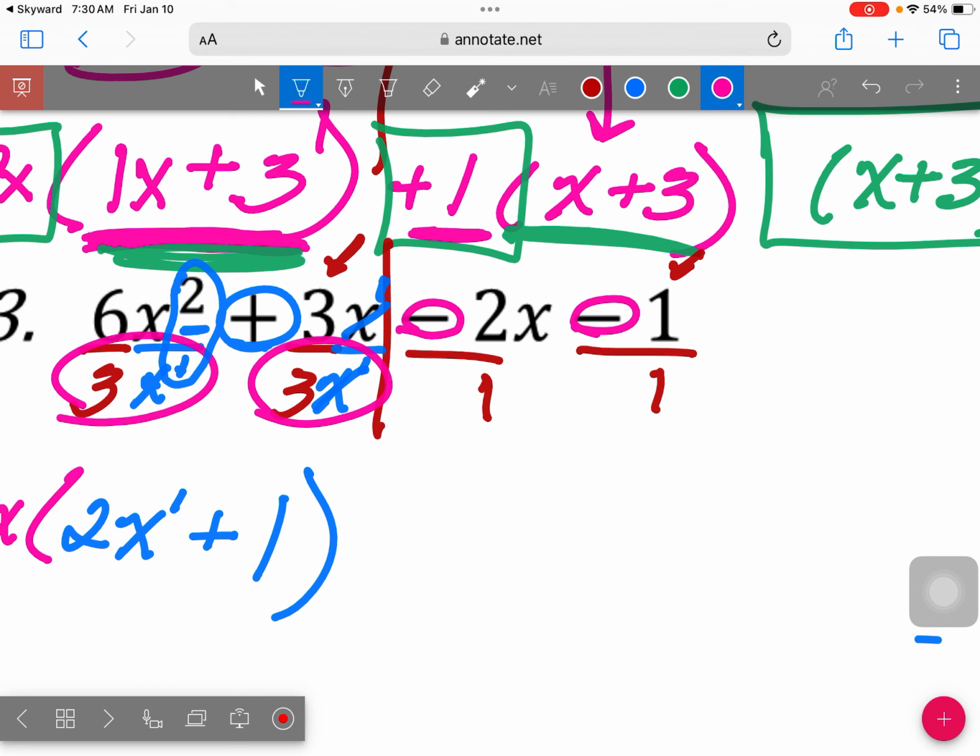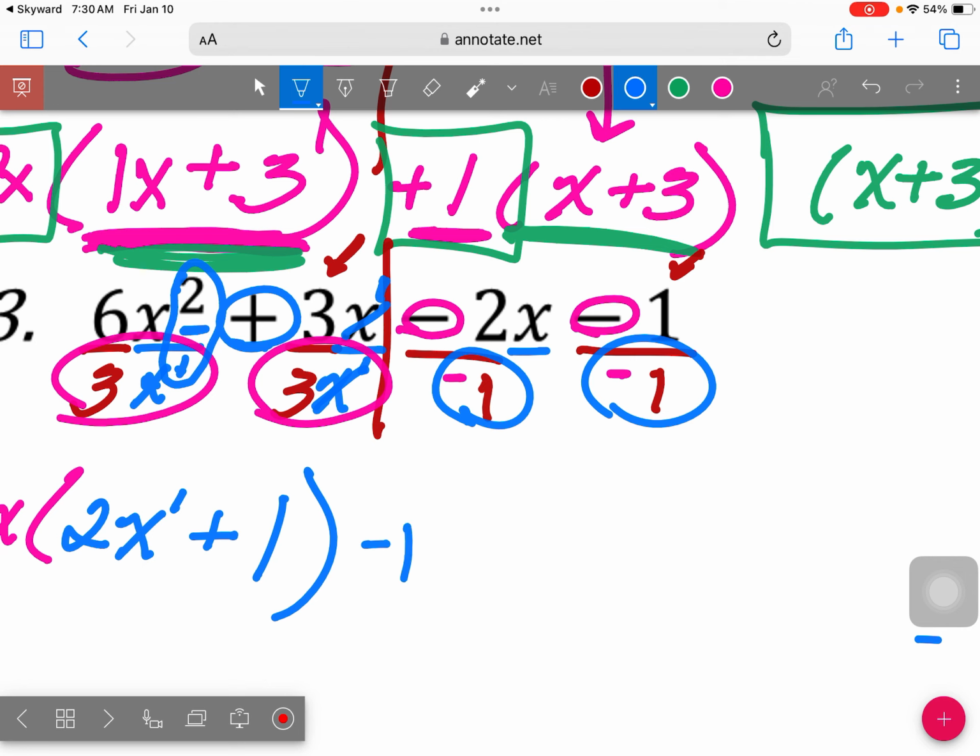But I've got both of these as negatives. When they are both negative, you also have to factor out a negative. So let's take out that -1. This has an x, this doesn't have an x. So I cannot divide by an x that I don't have. So this is my greatest common factor. I factor out the -1.